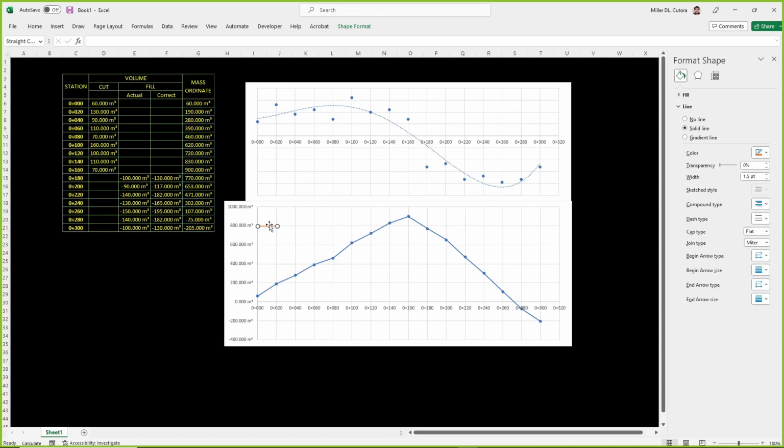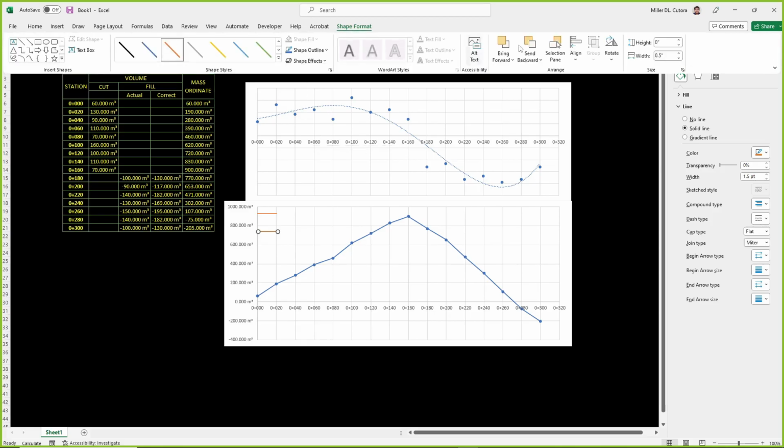Okay? If this line is 20 meters, we have a target of 100. What will we do? 100 divided by 20 times 50. What would be our corresponding value?